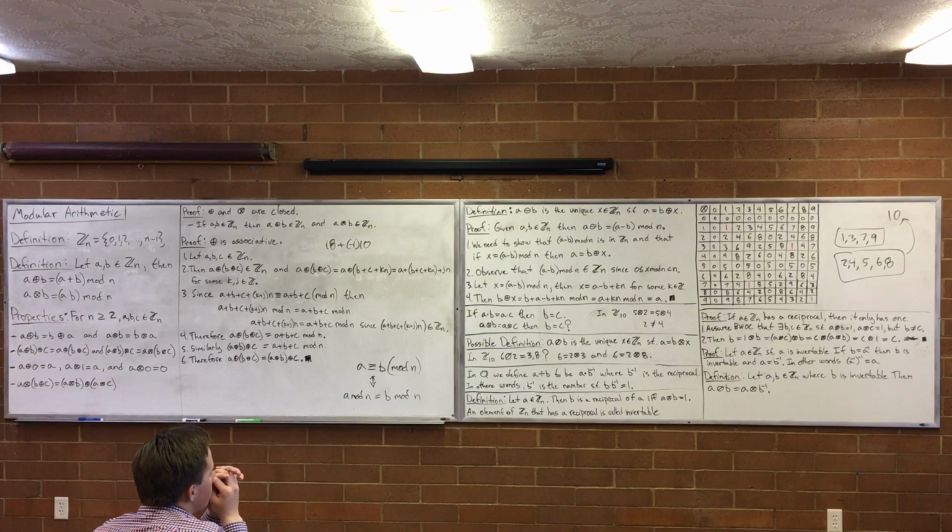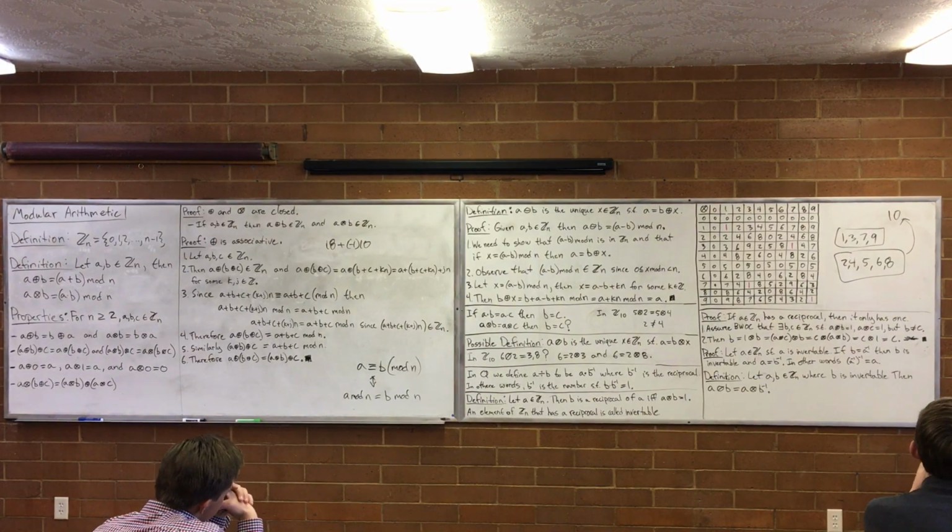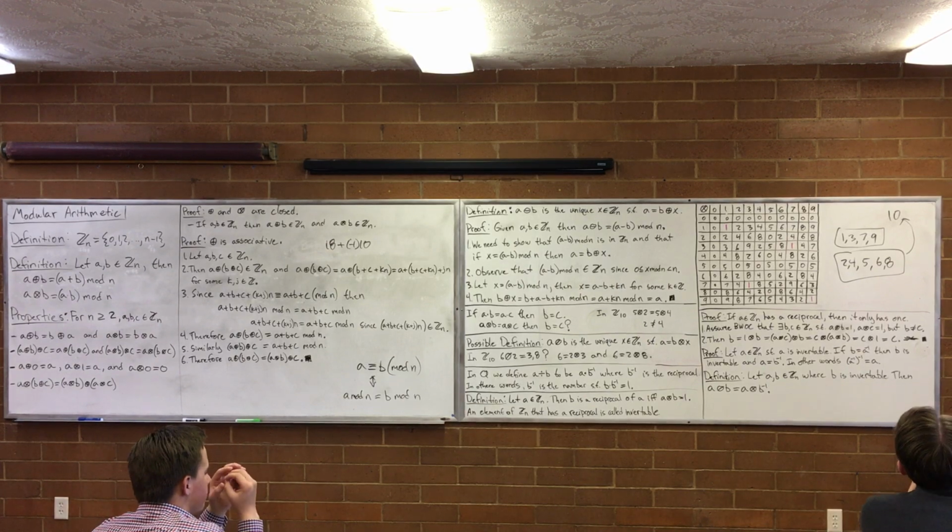What did we do last week? The even numbers, when you divide 10 by those, you always get something else in there. Like 10 divided by 2 is 5, 10 divided by 8 is 4.